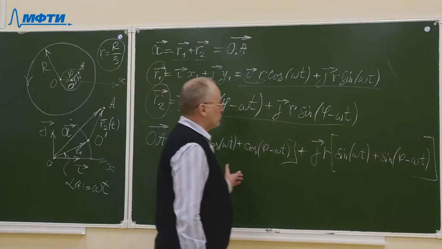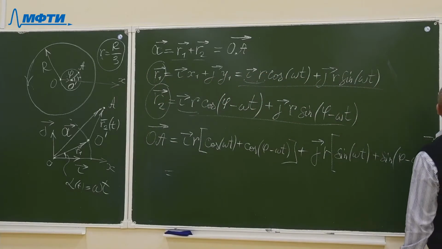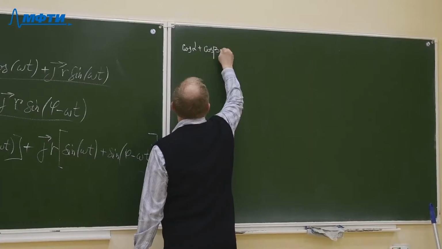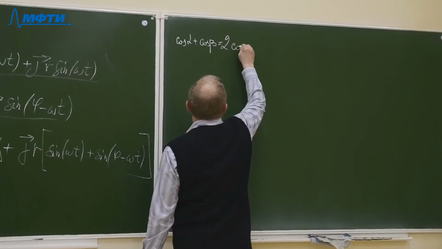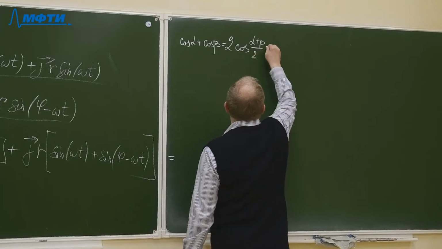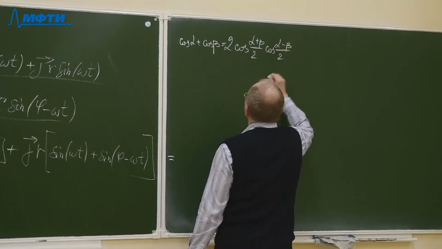this expression, I will need well-known formulas for the sum of cosines: cosine alpha plus cosine beta is known to be 2 cosine of (alpha plus beta) divided by 2 times cosine of (alpha minus beta) divided by 2.